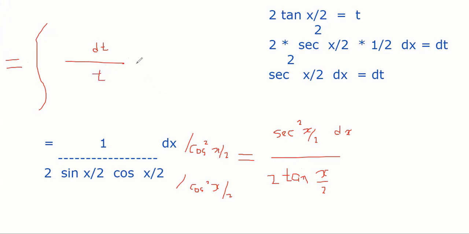What integration 1 by t dt? Log of t, right? Plus c. So my final answer is log of t. t क्या था मेरा? 2 tan x by 2. Agree everybody?